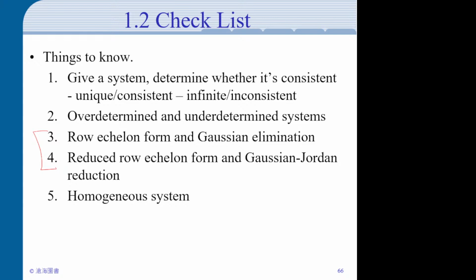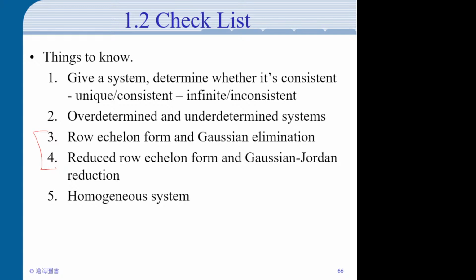We were saying that if we have a linear system, then we can take out its coefficient matrix or the augmented matrix, and then we have this very structured way to solve linear systems. That's the Gaussian elimination or Gaussian-Jordan reduction, where we get our coefficient matrix to reduced row echelon form.